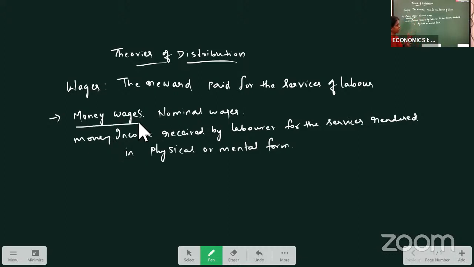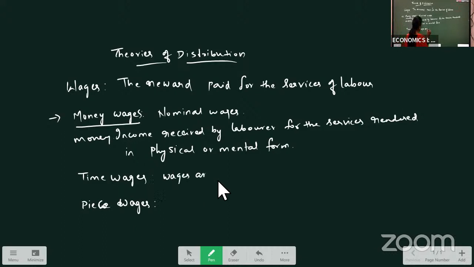These money wages are again divided into time wages and piece wages. Time wages are wages paid based on the time element.